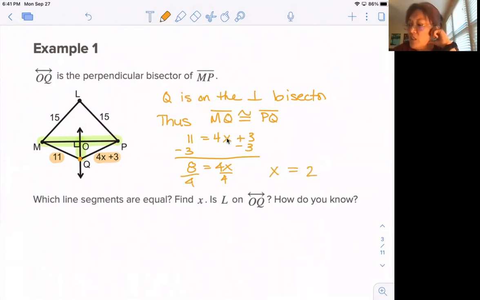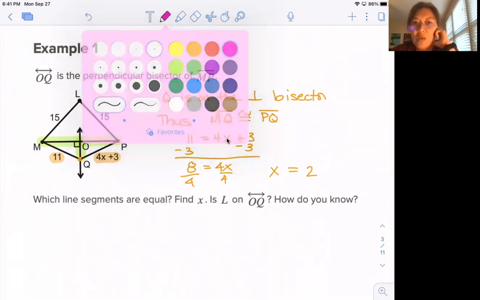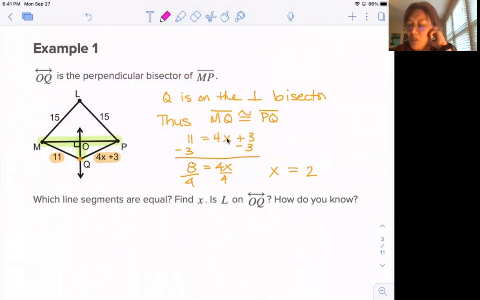So now the question is, is LQ on OQ? What do you think? If I were to extend OQ, is L going to be on that point? If I extend this, it appears visually, but again, we don't trust our visuals.